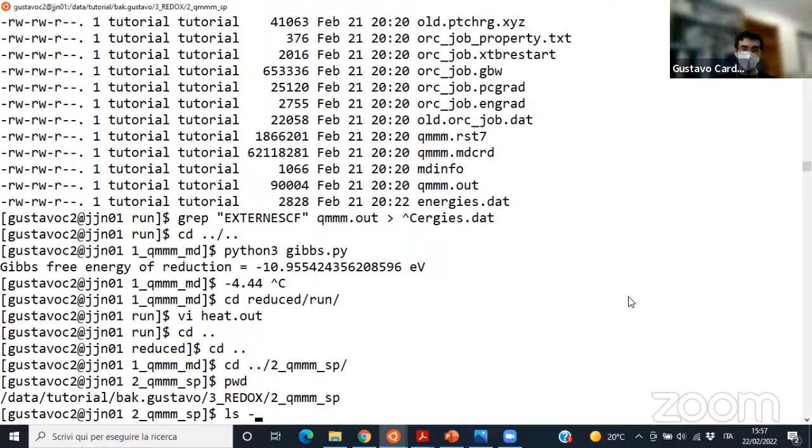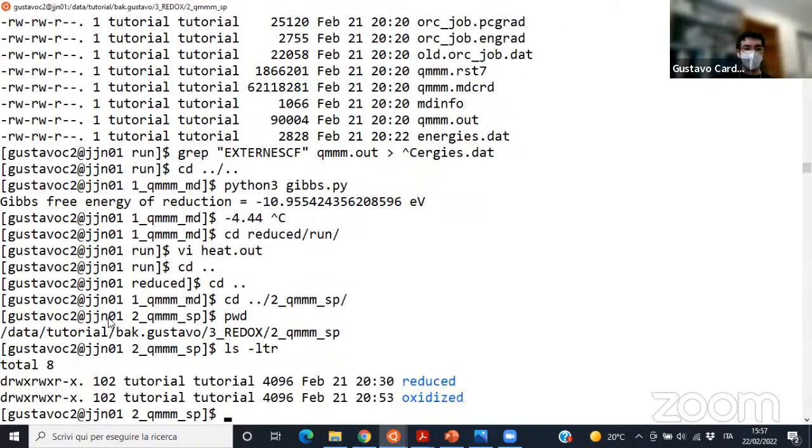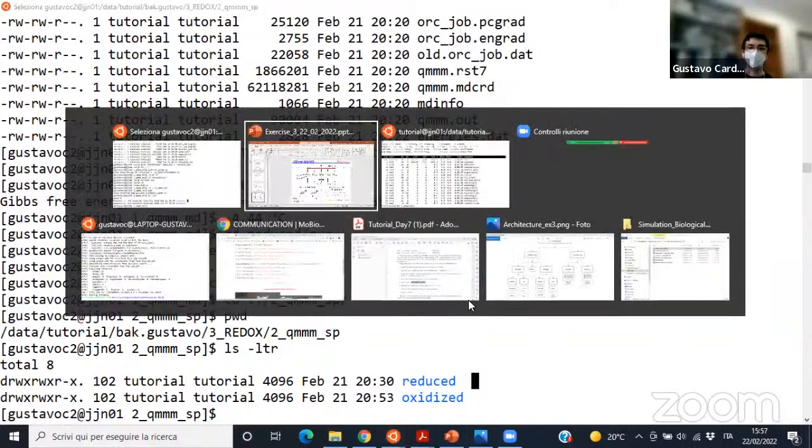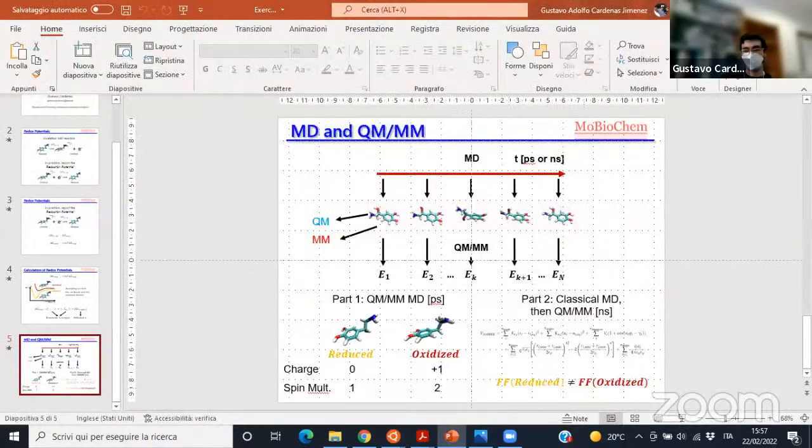So we are now here in this QMMM single point folder. Here we're going to use the mobile tools. What we're going to do is take the trajectory. We'll go back to the slides because they show the things that we're doing. So we take the trajectory, we get some snapshots, that is some geometries out of the trajectory, and then we do an energy calculation on top of each one of these.